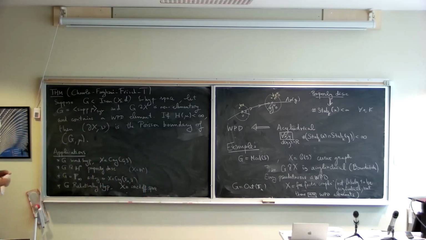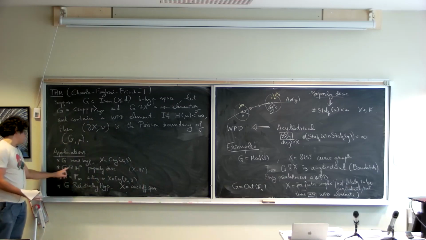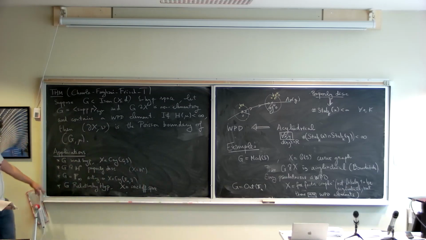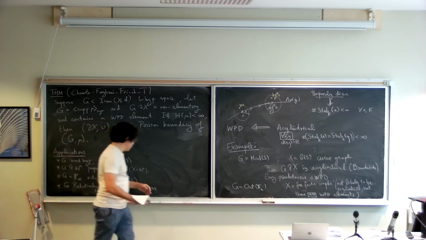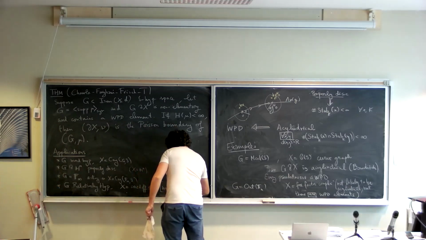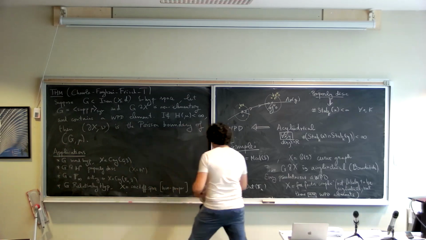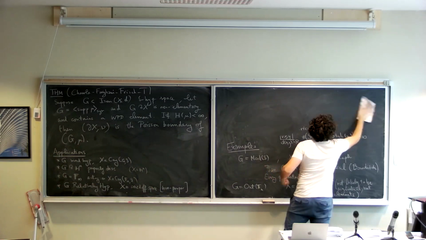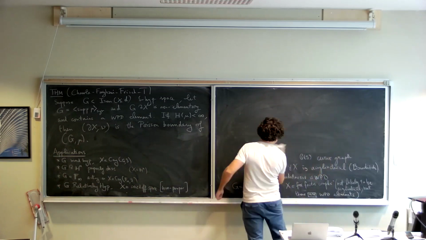In this case, it's similar to a group acting with cusps on H^n, but it's more general. But then you can act on a non-proper space. So this space is already non-proper, so you need a non-proper theory to do that. And then again, these groups that I was just mentioning before.